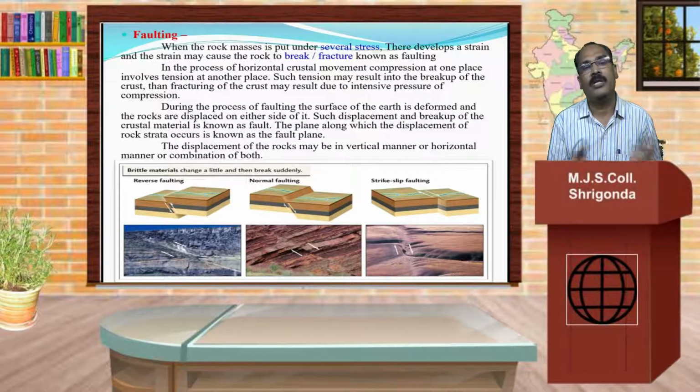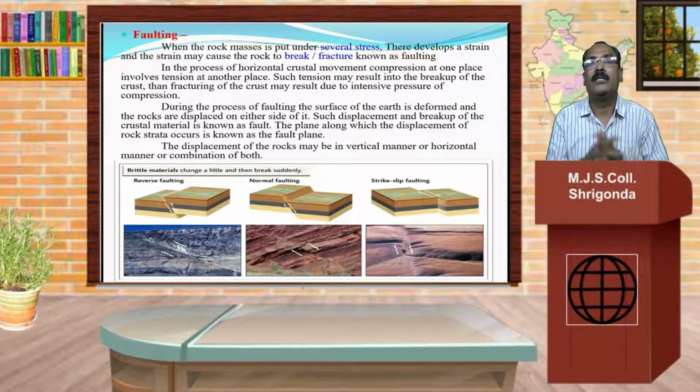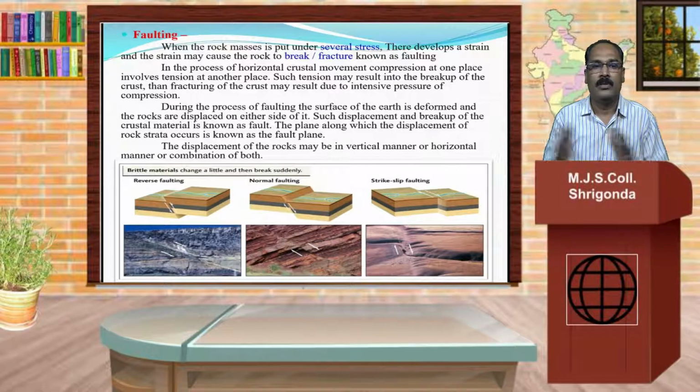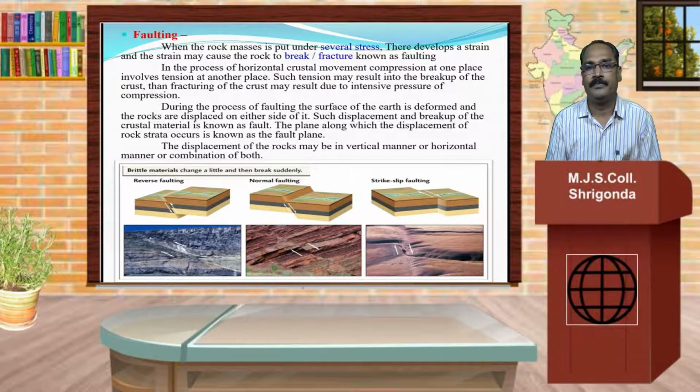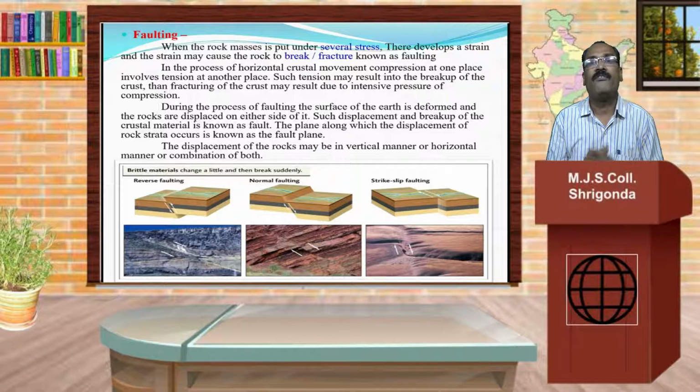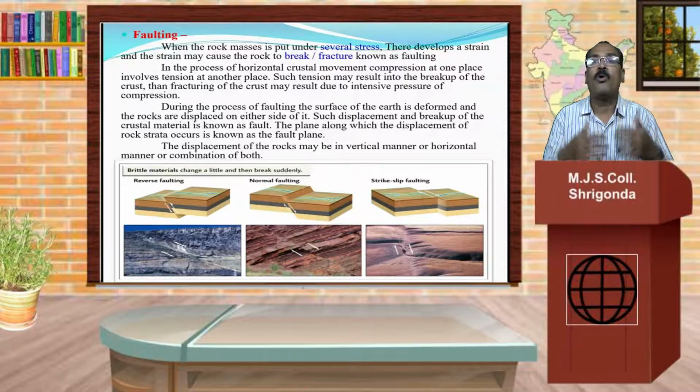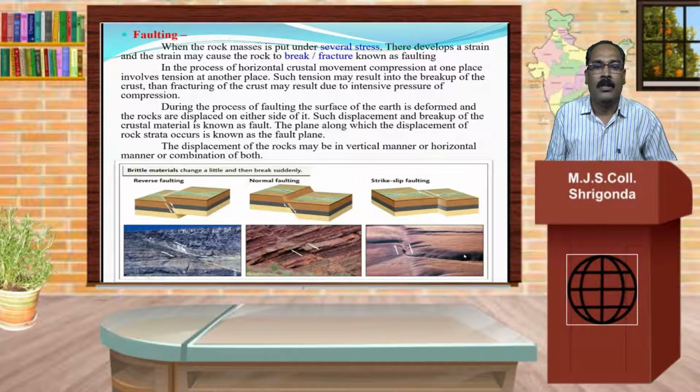In the process of horizontal crustal movement, compression at one place involves tension at another place. Such tension may result in the breakup of the crust. Then the fracturing of the crust may result from intensive pressure of compression.